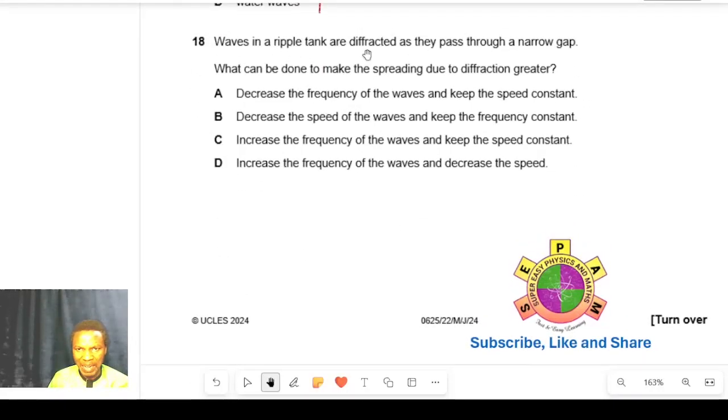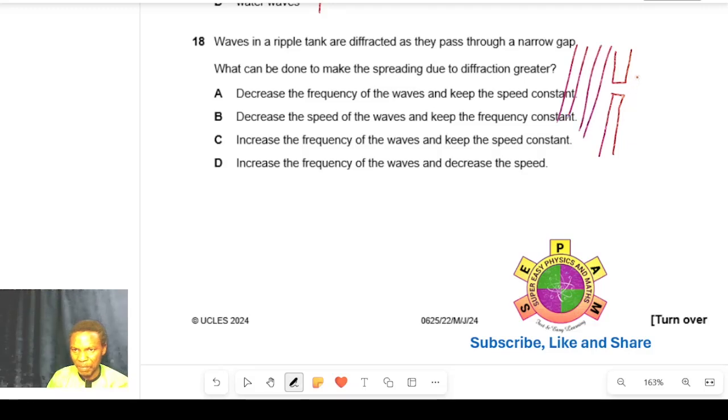Waves in a ripple tank are diffracted as they pass through a narrow gap. What can be done to make the spreading due to the diffraction greater? So if you want higher diffraction, there is a narrow gap, and a wave is coming.